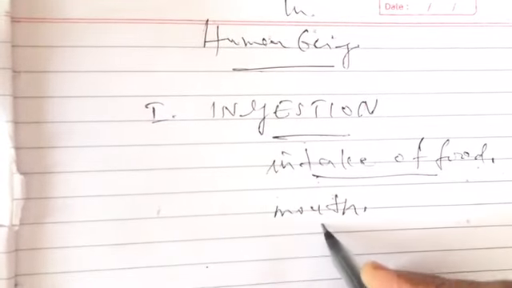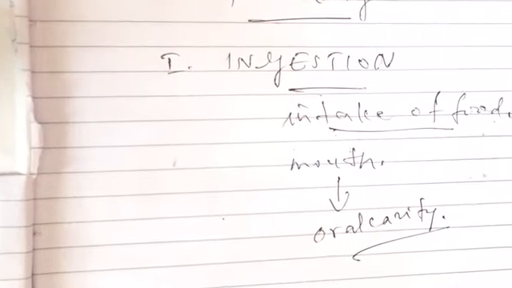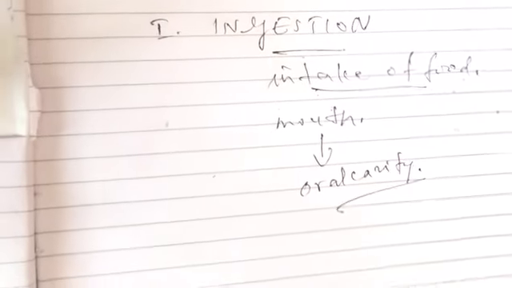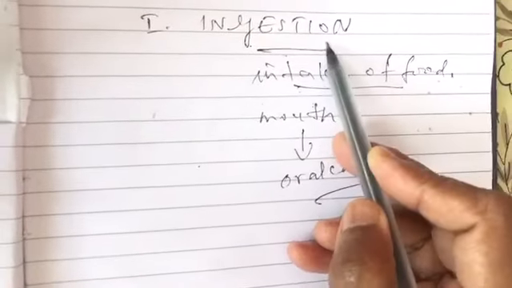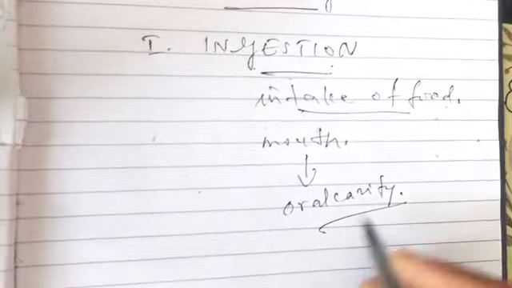The mouth leads to a cavity. What do you call it? Oral cavity. So, the complex food materials are taken from the outside environment to the oral cavity. This process is known as ingestion, which is the first step of holozoic nutrition.